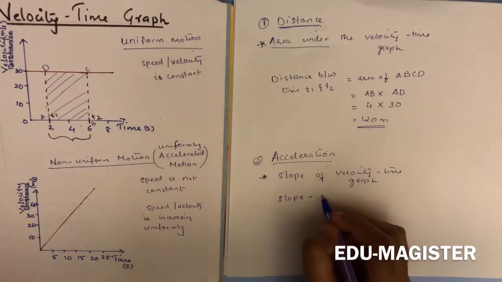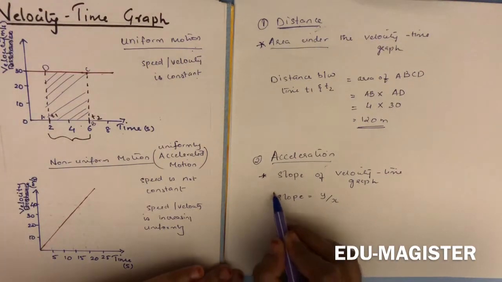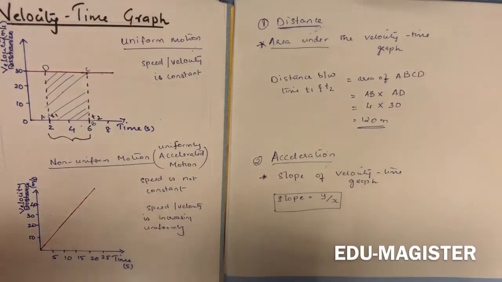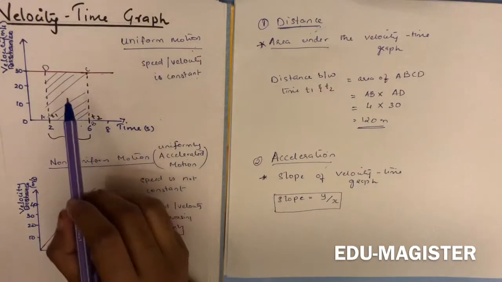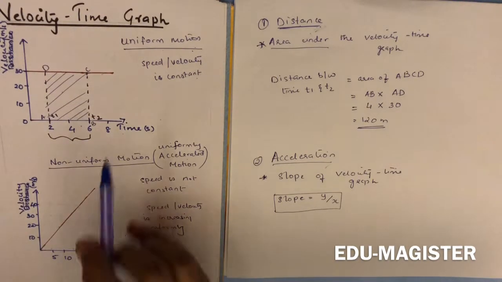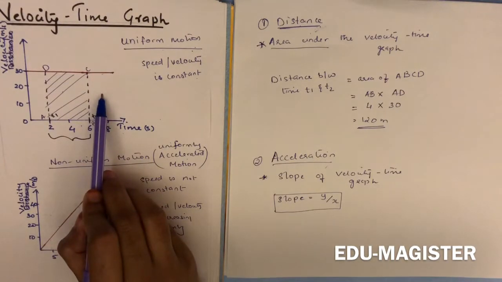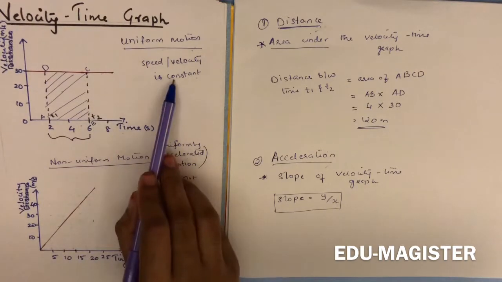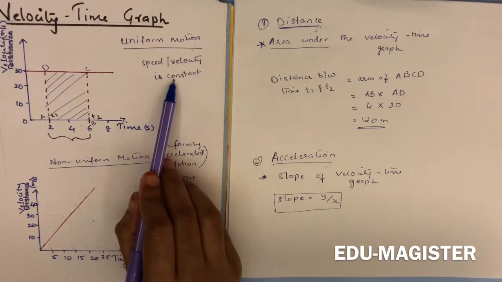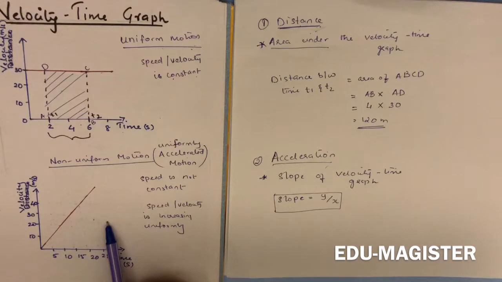I hope you have studied in maths, it is y by x. Let me take this example to show how to calculate acceleration. Why not the previous example? Because in that case acceleration will be 0, because speed is constant, speed is not changing, or the object is not accelerating, thus the acceleration is 0.